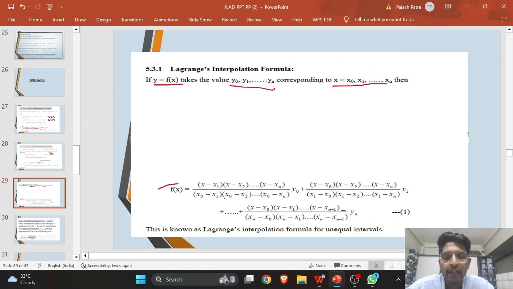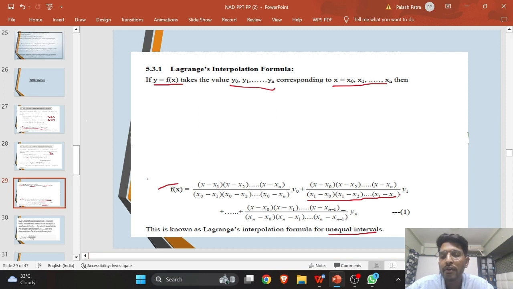Similarly, we calculate each term by excluding that term in the numerator and including it in the denominator, and multiplying with its corresponding y value. So this is Lagrange's interpolation formula, which works when the intervals are unequal.